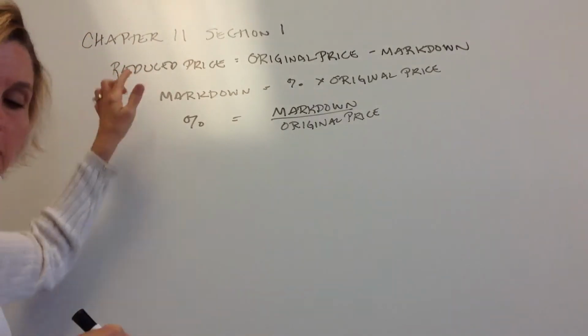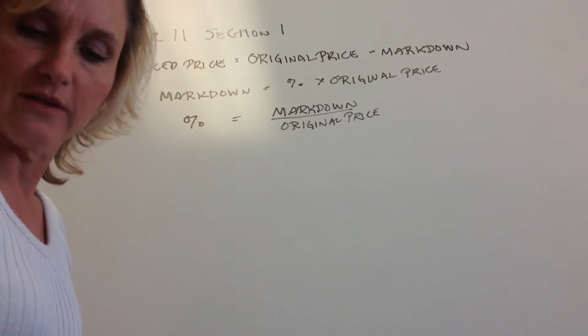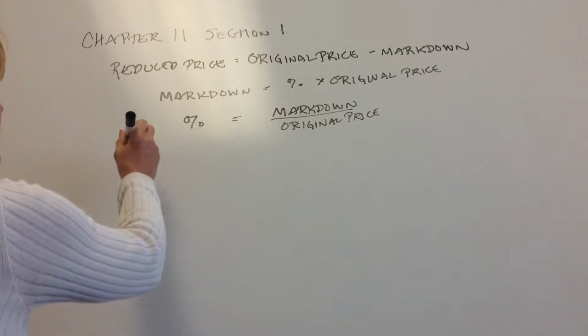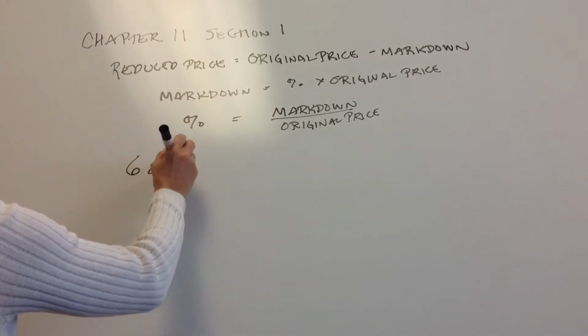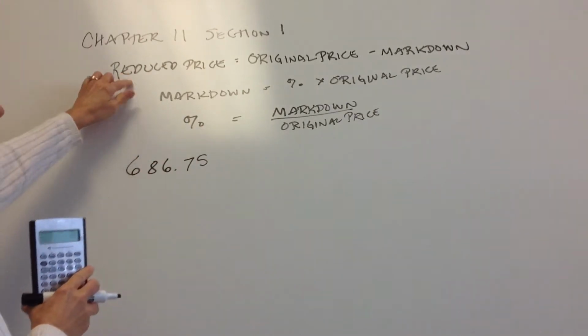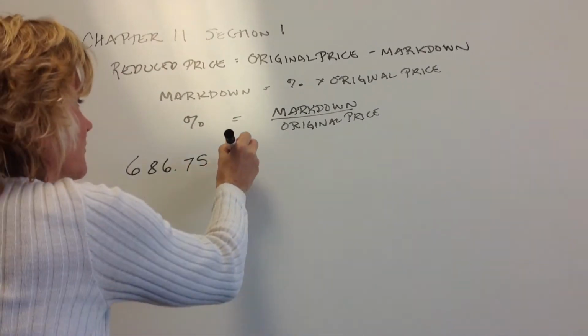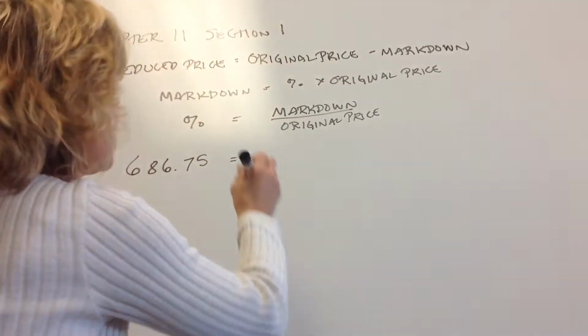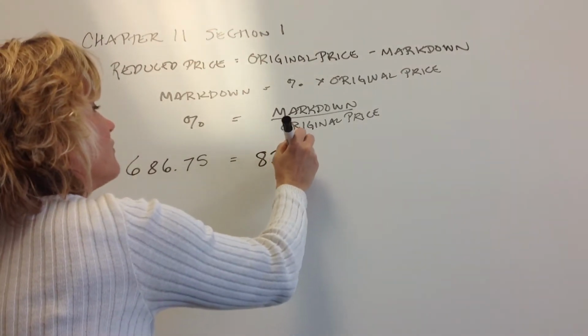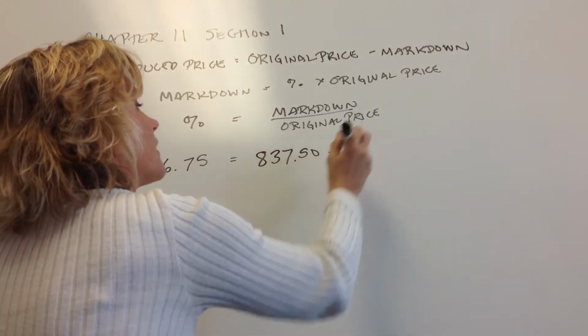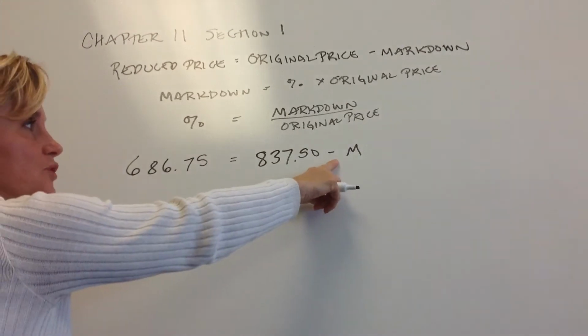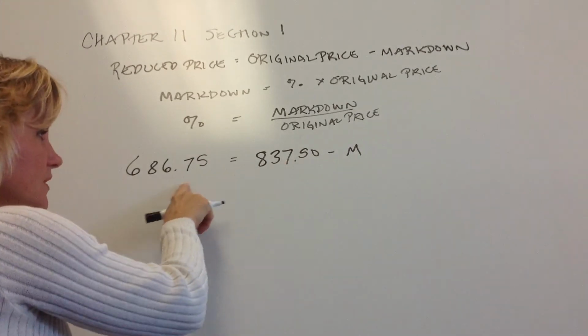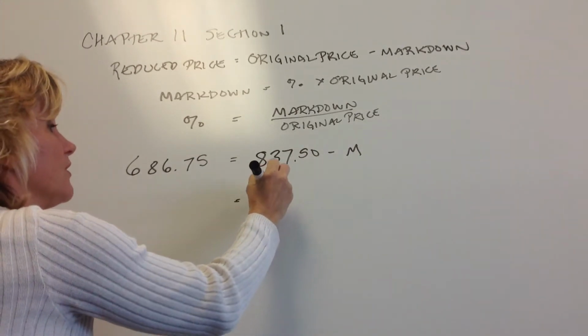So if we start up here, we say, okay, it's reduced to a price of $686.75. So that's my reduced selling price. The original price of this oak desk was $837.50. And then from that we would subtract our markdown. So really it's just the difference between those two.